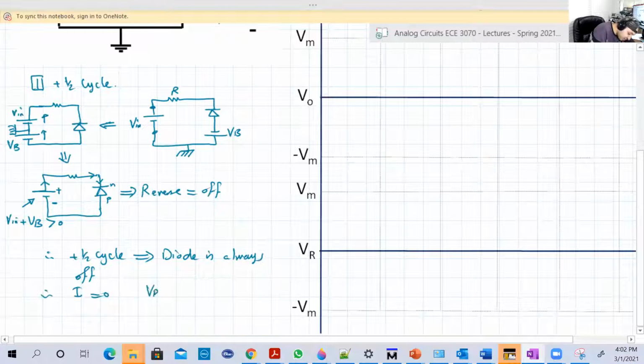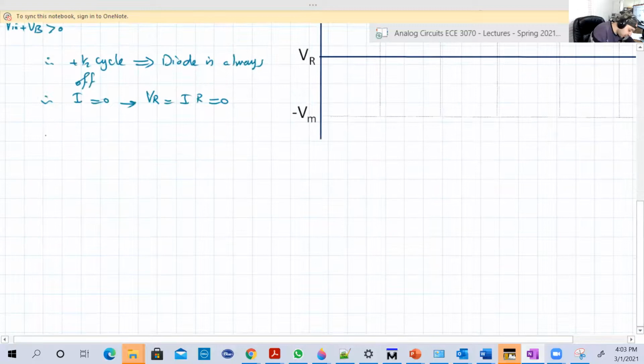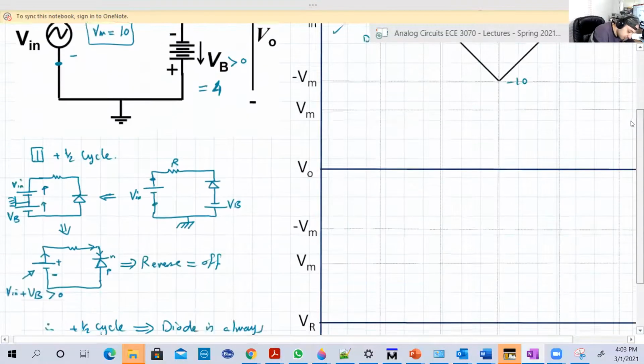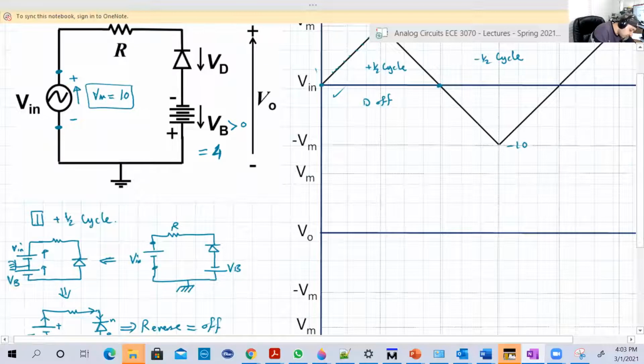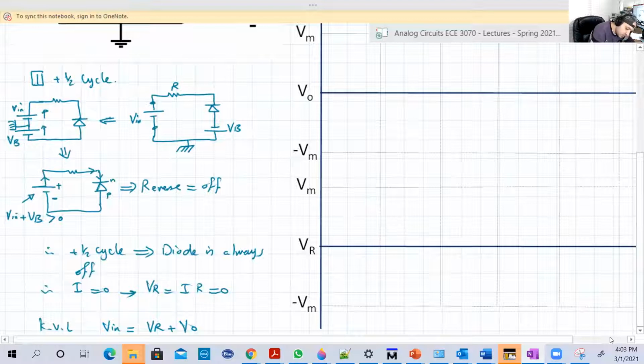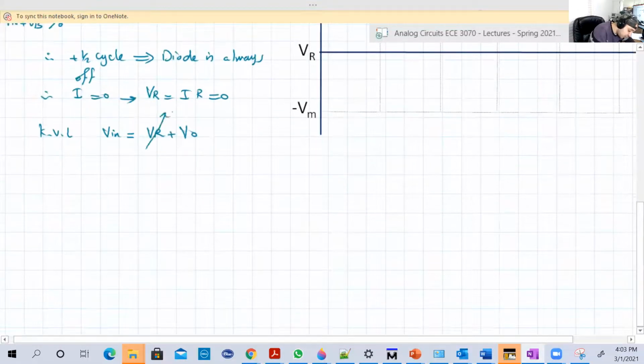So VR, which is the voltage of the resistor, I times R, is equal to 0 as well. We can say from Kirchhoff's voltage law that V input is equal to VR plus VO. This is V input, this is VR, and here is VO in that direction, and as you see, VO plus VR equals V input. So since VR is equal to 0, VO is equal to Vin.